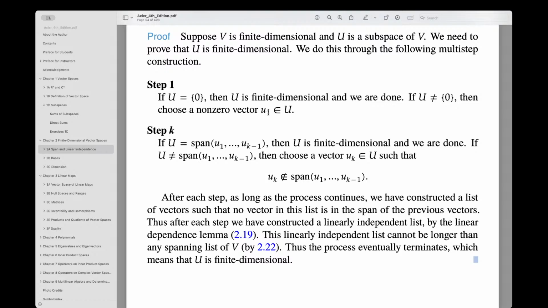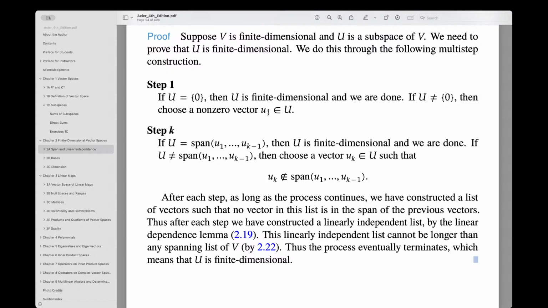I have a quick question. Yes, of course. Could you please explain finite dimensional? If we bring ourselves to definition 2.9, a vector space is finite dimensional if you can find a list of vectors such that the span of the list is the space.